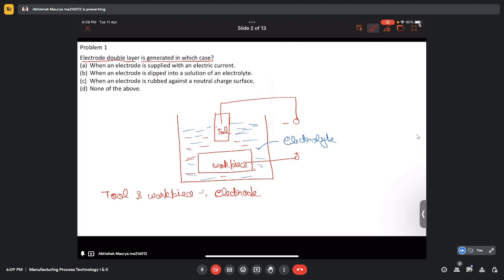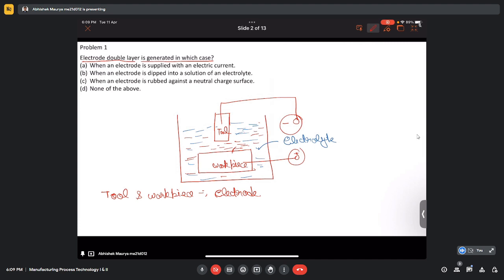The tool and workpiece are separated by electrolyte. Electrolytes are nothing but charge carriers, or ions. They have the ions to facilitate the flow of electricity. And what happens here is that the material dissolves from the workpiece into the electrolyte and gets precipitated, because of the potential difference which we are applying.